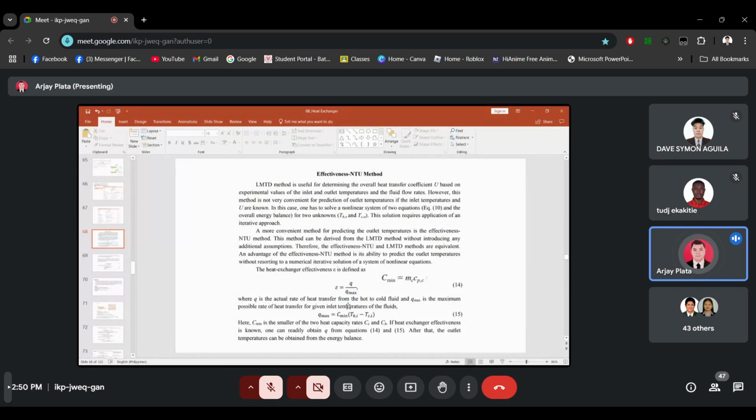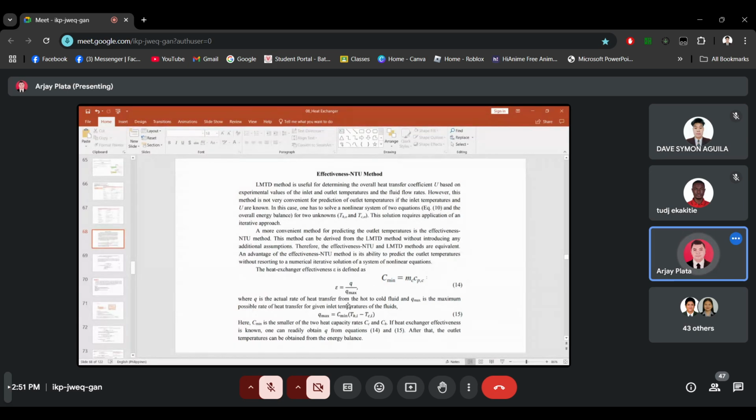Page 111. By definition, the effectiveness, which is dimensionless, must be in the range of 0 to 1, so greater than 0 but less than 1. That's the effectiveness.